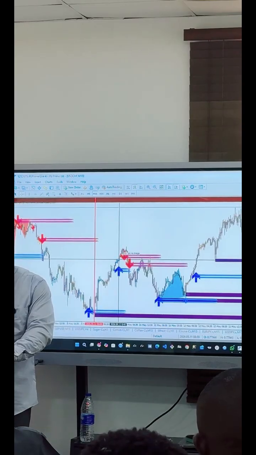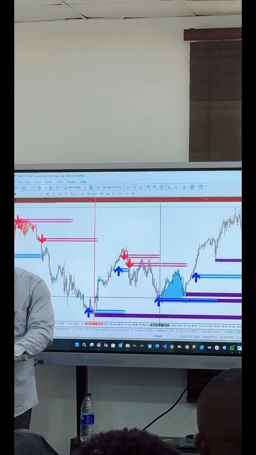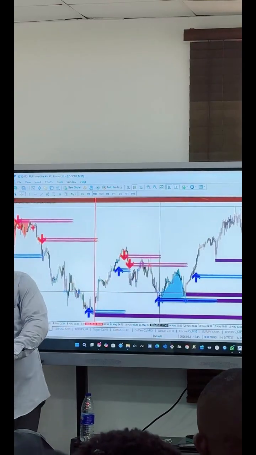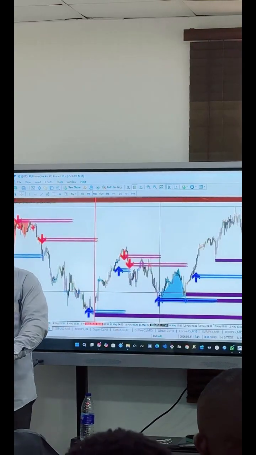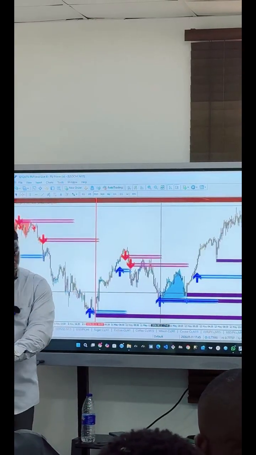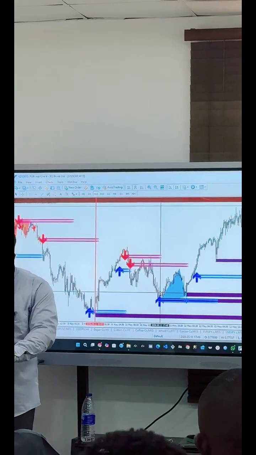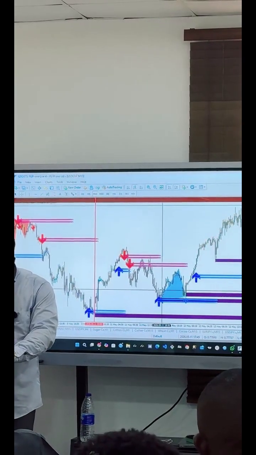Now, this one did not give me much profit. But the next one here, once it gives me another buy signal, I'm taking the buy from here. Remember, take the next candle after the one that gave the signal. Because when the signal comes, there's already an active candle. So you will now take the trade on the next one that opens. That's the best practice.